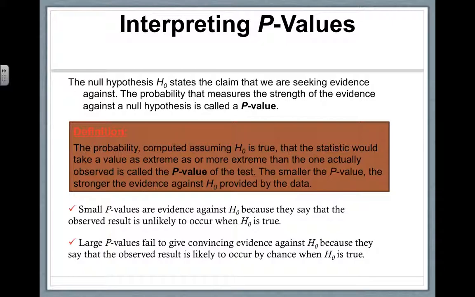Small p-values are evidence against the null hypothesis because they say that the observed result is unlikely to occur if it were true. Large p-values fail to give convincing evidence against the null hypothesis because they say that the observed result is likely to occur by chance if the null hypothesis is true.